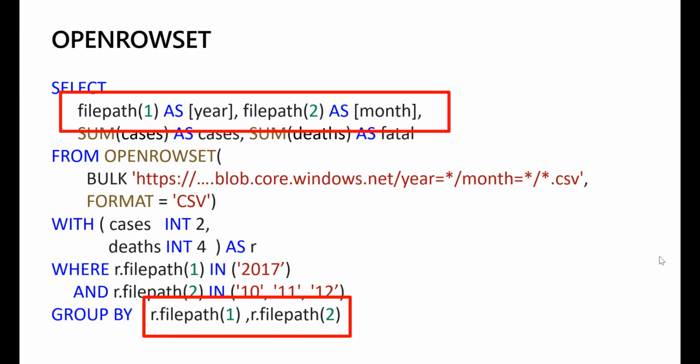So I can do something like group by year, group by month, and I can return the values of the filepath 1 and filepath 2 expressions as year and month in my query. This is very important in scenarios where you have some column values that are not physically stored in the files, and you need to extract part of the file paths as any other column in your query.